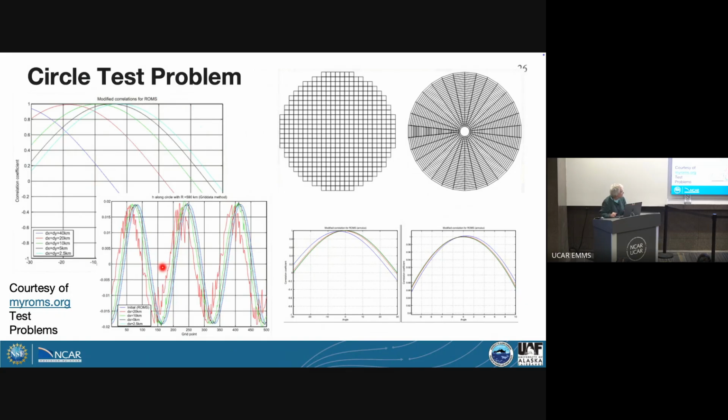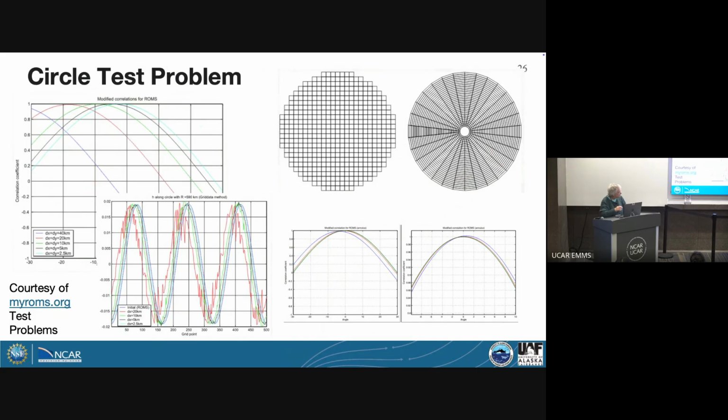And a different way to mesh this problem is shown on the circle, this one. This is an annulus, so I don't have the pole problem exactly. And these curves down here show that our solutions have much less phase error in the annular domain, and it's better when the resolution at the outer edge is finer.